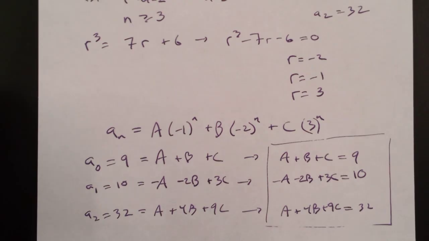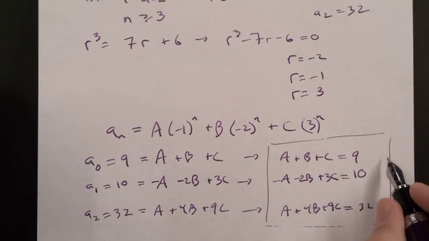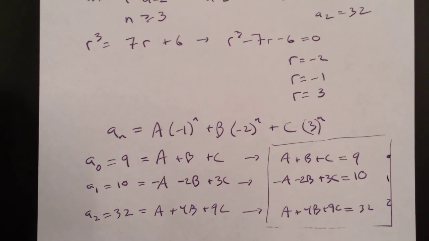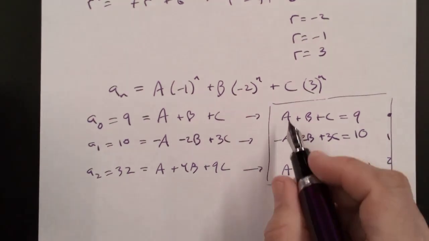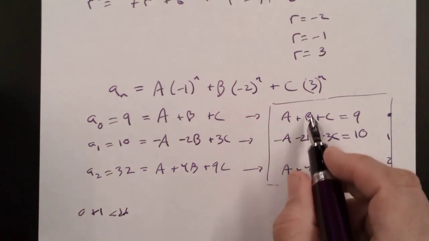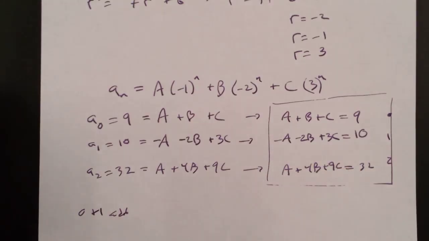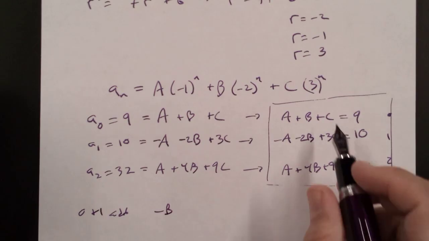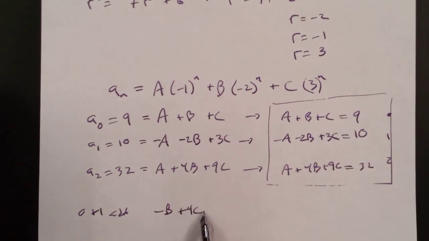So if I number these equations 0, 1, and 2, because that's what they were, I'm going to take equation 0 and equation 1 and add those together. When I add those together, the A's cancel, and I get -b plus 4c is 19.